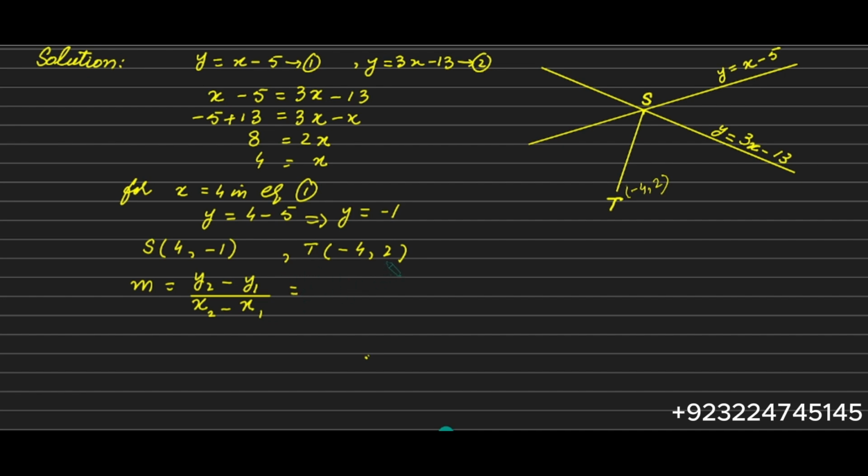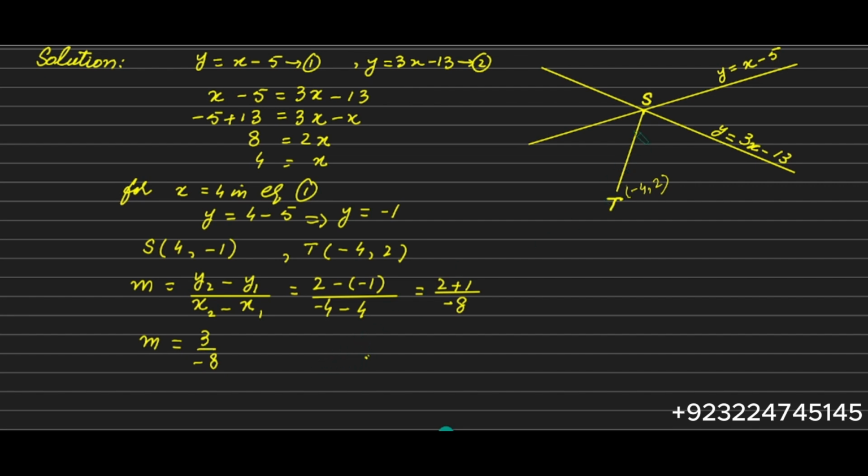Here y2 minus y1 is 2 plus 1, and then x2 minus x1 is minus 4 minus 4. So we get 3 over minus 8. The answer would be minus 8. So we get gradient m equal to 3 by minus 8.